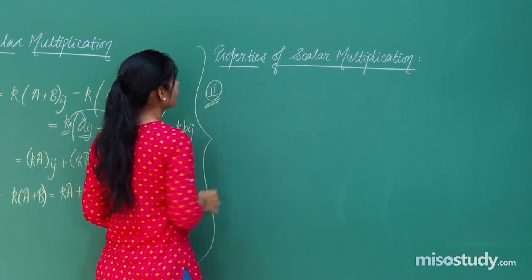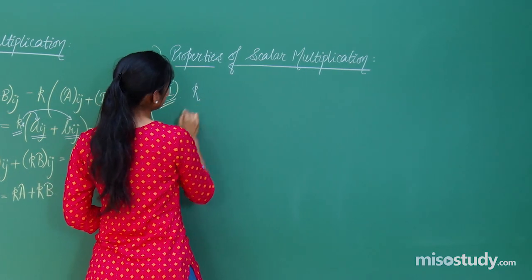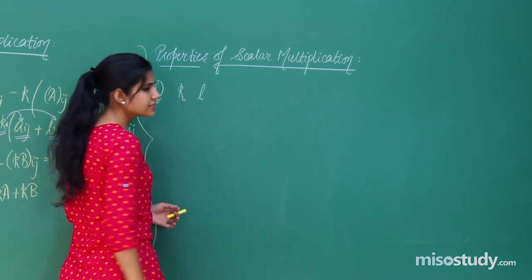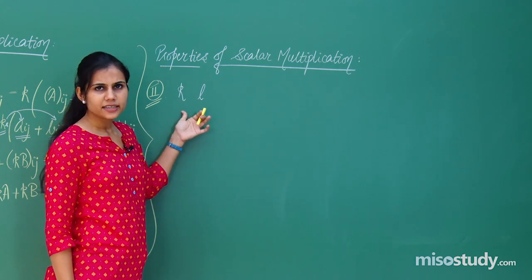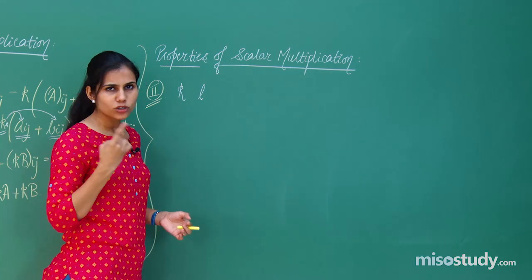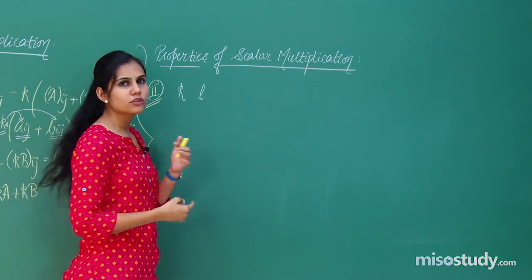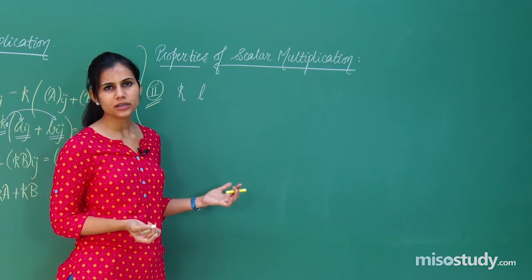The second property, let's do it. We need one scalar and one matrix. Now see, I am saying K is a scalar, L is a scalar. If K is a real number, L is a real number, K plus L is also one real number, K into L is also one real number. Or K plus L is also one complex number, if K and L are complex numbers, or even if one is a complex number, right?